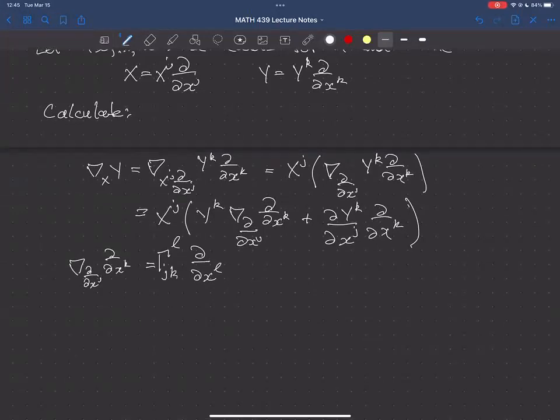So that's going to be true for some functions gamma L j k on the domain of the coordinate chart.